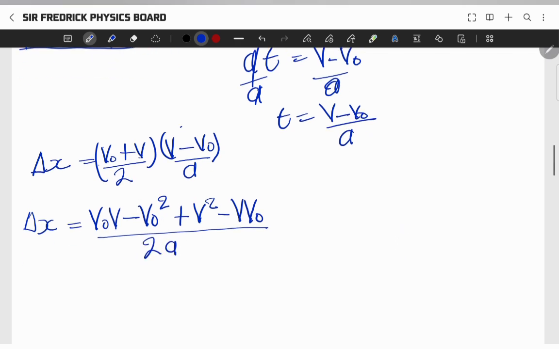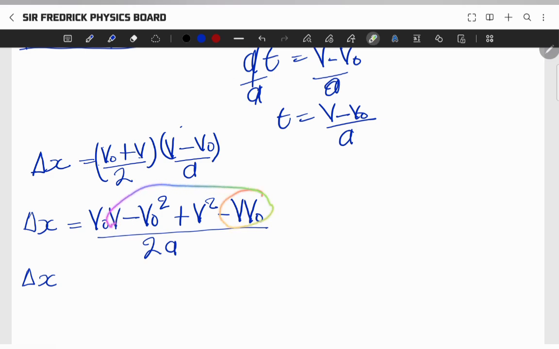All right, so the next thing is that we are going to group the numerator's like terms. If you've noticed, we have this set and that set.